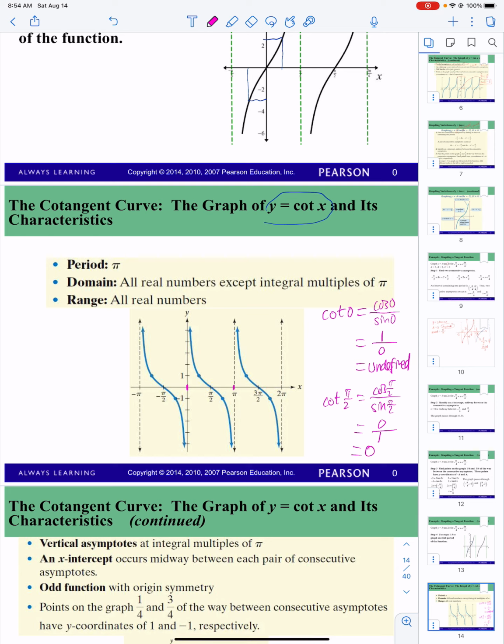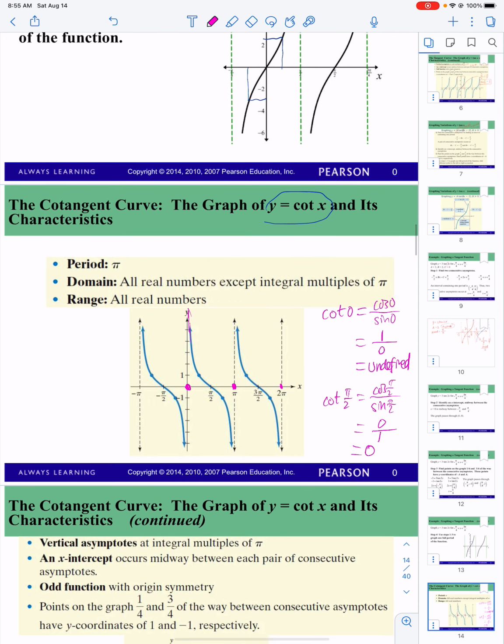You with me? So for the cotangent, your 0, pi, 2 pi are what? Vertical asymptotes. Because it will go to infinity or negative infinity at 0 and at pi, and its x-intercepts are pi over 2, 3 pi over 2, 5 pi over 2. Okay, so this is very, very important.